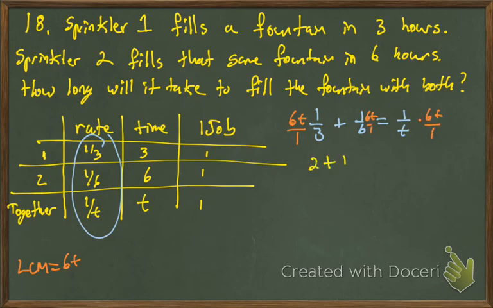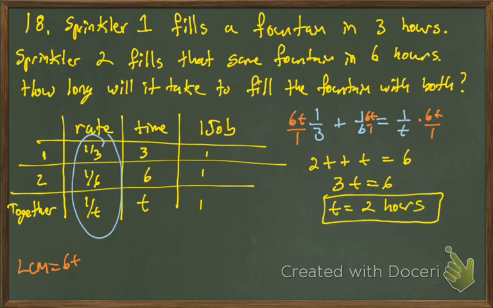And so we'll have 2t plus t equals 6. Combine your like terms, and then divide by 3, and then it's going to take a nice number, t equals 2 hours. Typically these didn't work out as nicely, but hey, that's a nice number here, fits our scenario. So let's move on to the mixture problem.